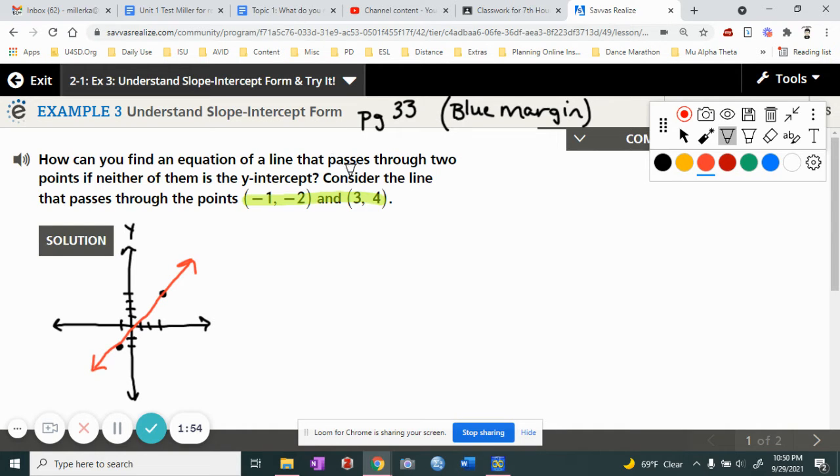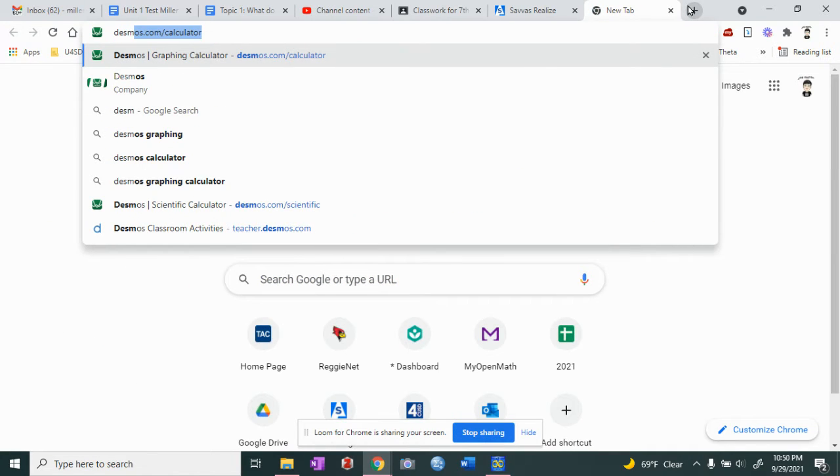Before we go too much deeper, I am going to jump over to the Desmos graphing calculator. This is a really handy tool, and I want to show you how this will help us work through this scenario. So remember these points, (-1, -2) and (3, 4). What I'm going to do is graph this on that digital calculator.